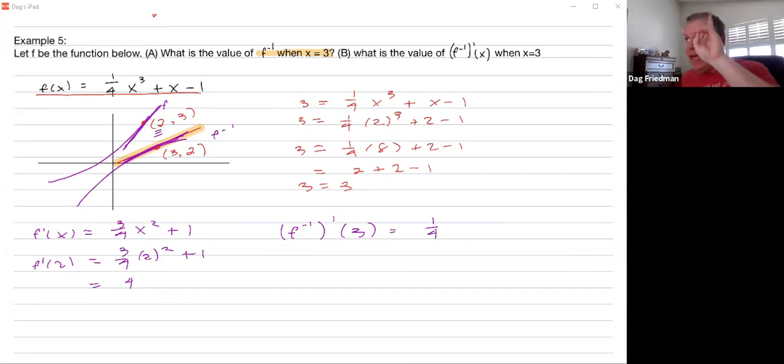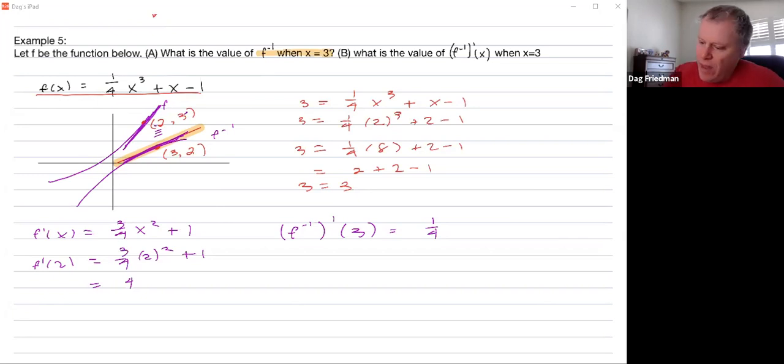So again, I really want to emphasize this to you. This concept is not hard as long as you understand two important things. Thing number one, for every point on the original graph, we have the opposite. So if I have the point (a, b) on the original graph, we have the point (b, a) on the inverse graph. That's important thing number one.